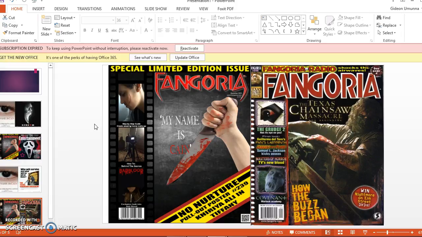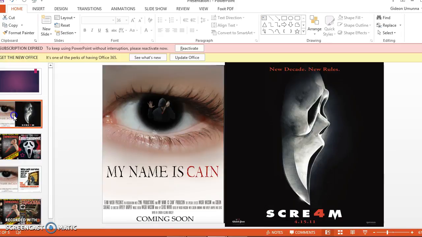I also feel that our film poster is strong. Our film poster, as we were stating earlier, was showing how he kills. We're making the audience imagine how he kills his victims, like how Scream does. So I think ours is strong.